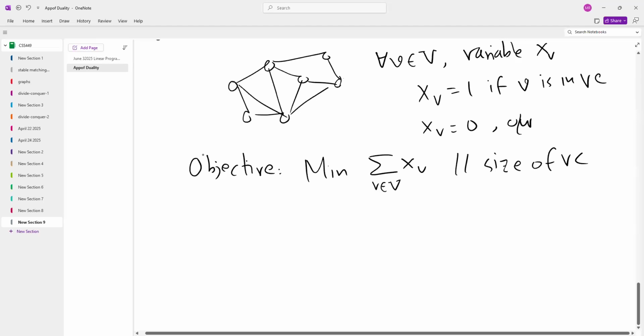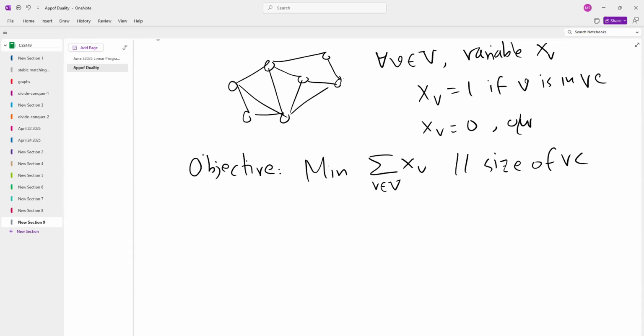And now I have to think about what the constraints are. The constraint now, again, for linear programs on graphs, typically you have variables for vertices and constraints for edges, or vice versa.